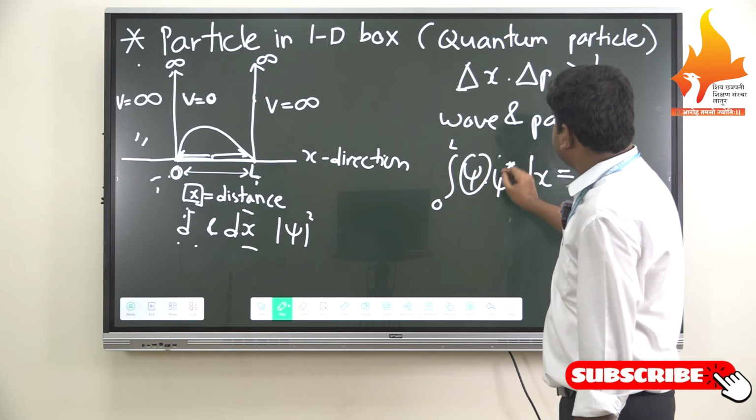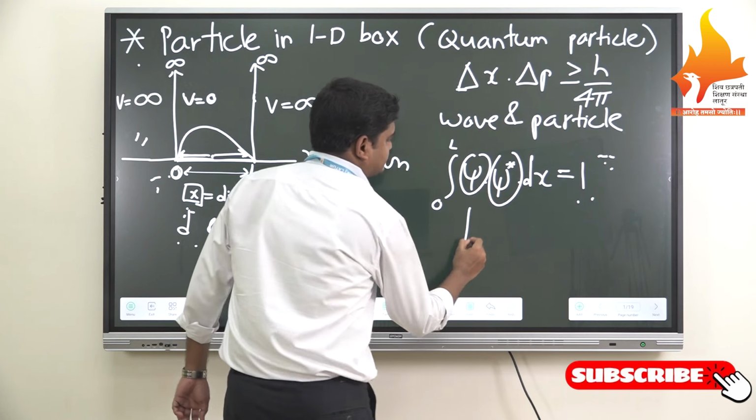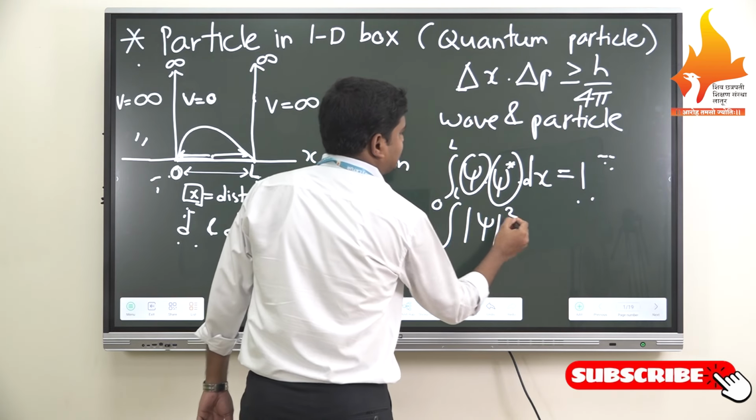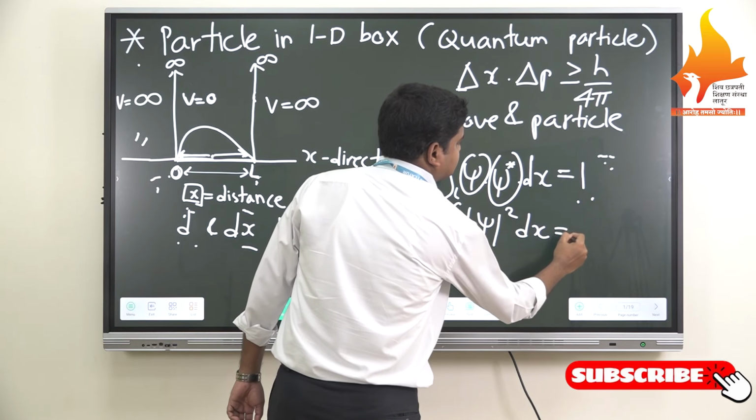Psi and psi star give the mod of psi squared, with the same limits 0 to L. The particle exists in dx, with total probability 1.